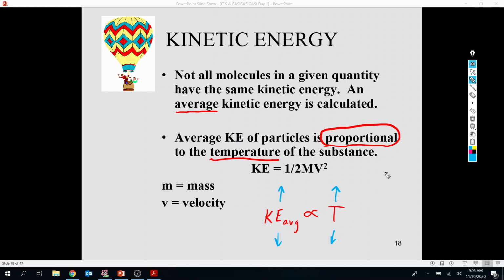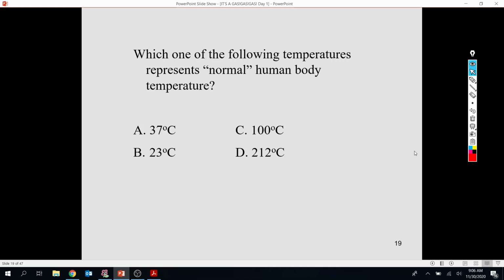All right? We talked about that a little bit earlier, and this slide emphasizes it once again. Which one of these represents normal body temperature? Which one of these would be closest to your normal body temperature? Now, I want to point out to you that we have Celsius as our unit, and I don't know if that'll throw you off or not.